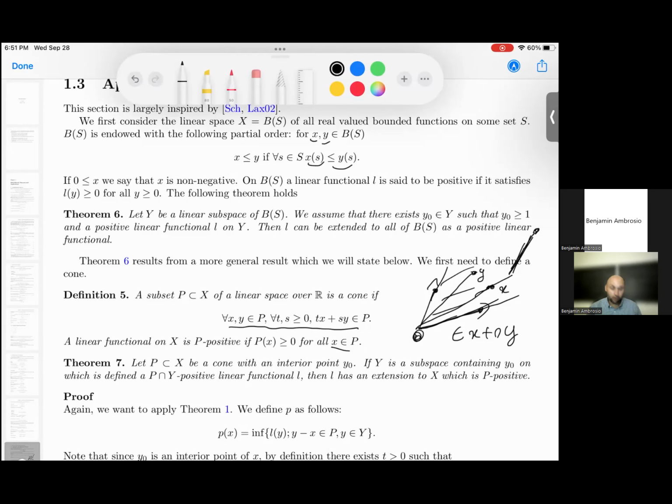Now we consider a cone P on X, and we assume that the cone P has an interior point y0. And if Y is a subspace which contains y0, and we assume that there is a linear functional L which is P intersection Y positive, then you can extend L to X, and L is now P-positive.